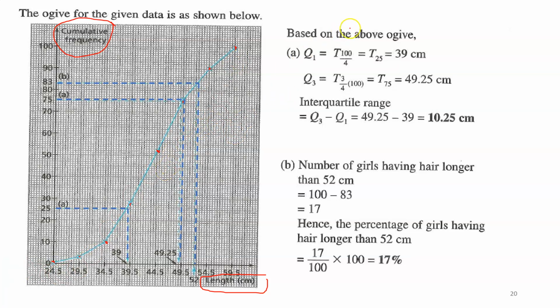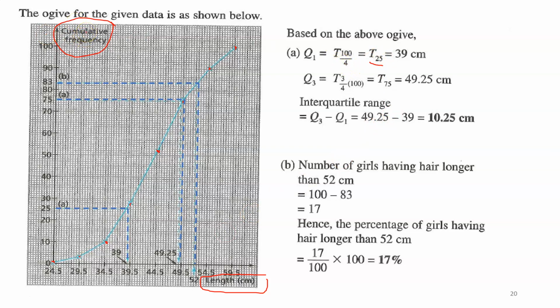Okay. Then from the OGIF, dah siap OGIF kamu, you cari Q1, first quartile, 100 over 4. Kenapa 100? Because the n just now is 100. So you get cerapan yang ke-25. Where 25 ni mau tengok dari x-axis ke y-axis? Tengok daripada T25 ni, maksudnya kamu tengok dekat cumulative frequency.